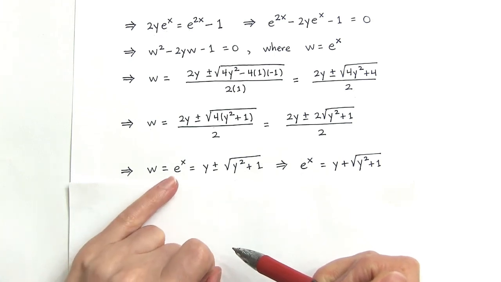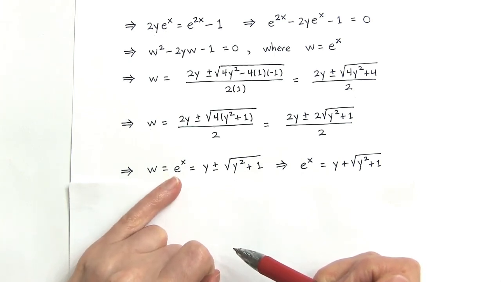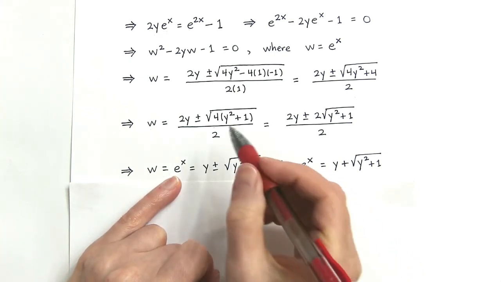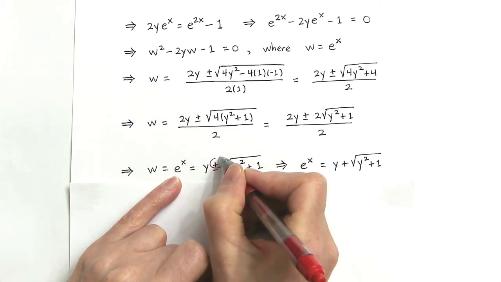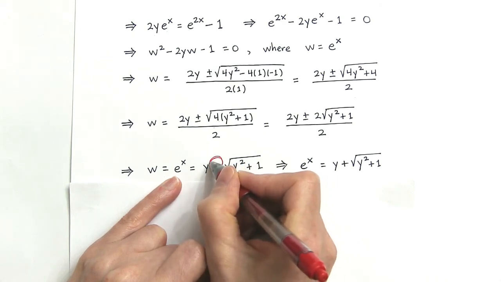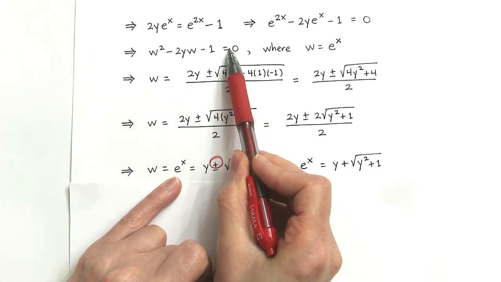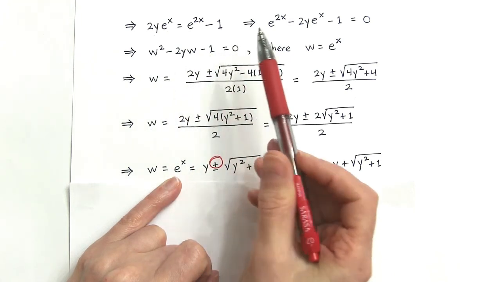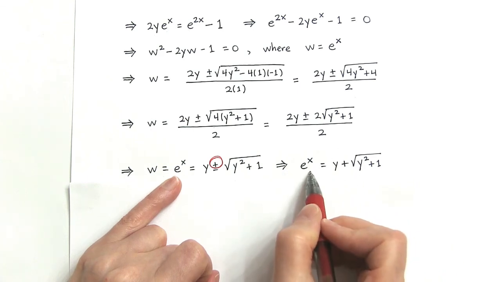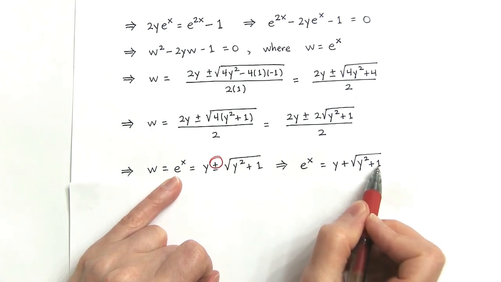Finally, recalling that e to the x is always positive, it never goes negative, that means that I must choose the positive solution to this equation. So it follows that e to the x is y plus the square root of y squared plus 1.